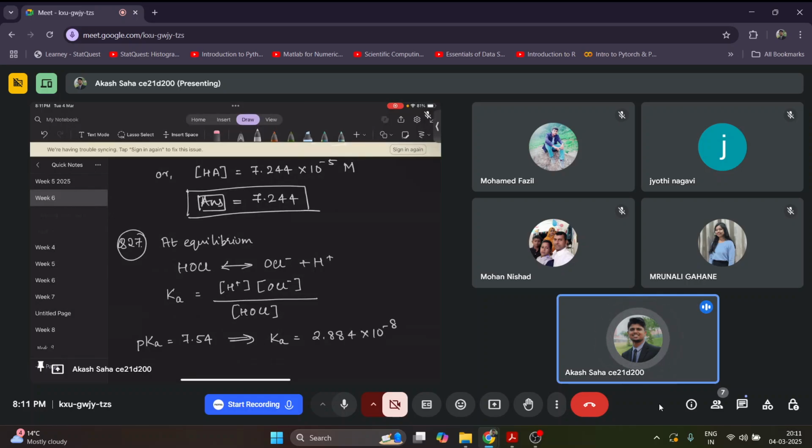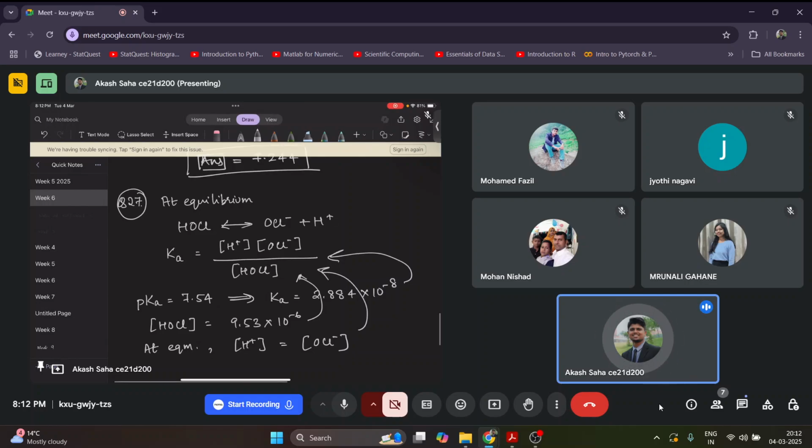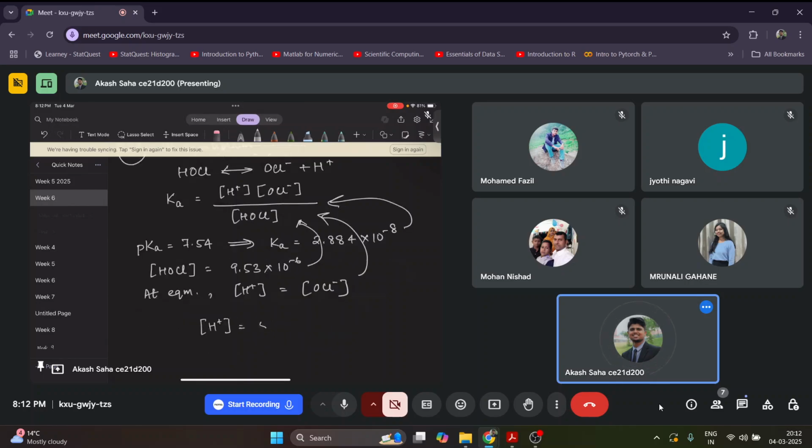pK is nothing but minus log of K, so we can calculate like that. K is 2.844 into 10 to the power minus 8, and HOCl concentration is given as 9.53 into 10 to the power minus 6. We also assume at equilibrium that H plus is equal to OCl minus concentration. We put all these three statements into this equation, and ultimately you will get H plus as 5.24 into 10 to the power minus 7.